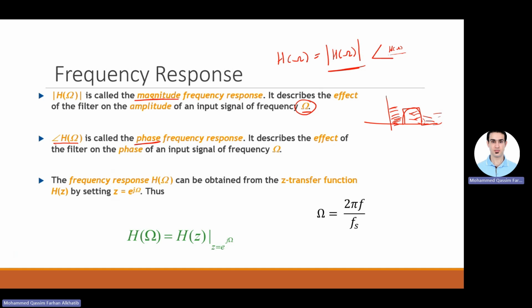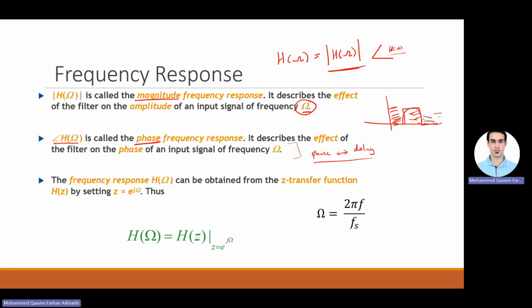It describes the effect of the filter on the phase of the input signal. Usually we don't do much analysis of phase. However, phase is usually related to delay. But let's not worry about the mathematics behind it. The most important part is the frequency selectivity of the filter, and that will have to do with the amplitude.